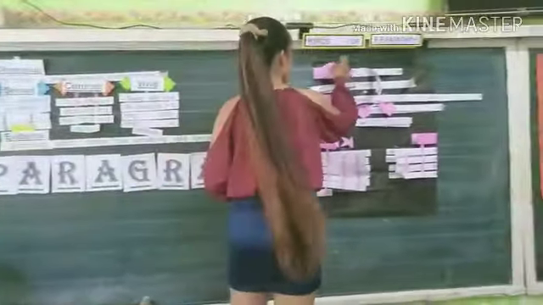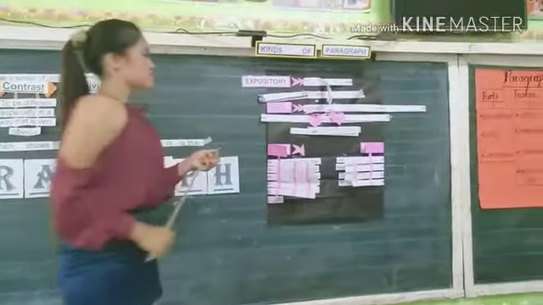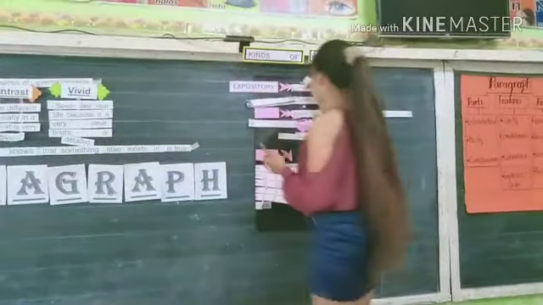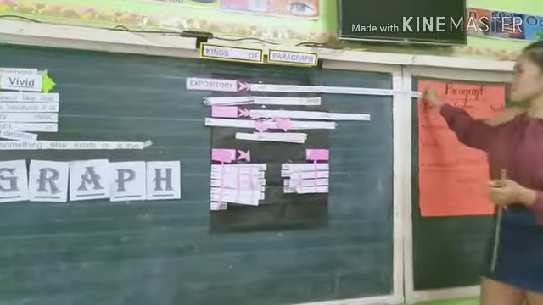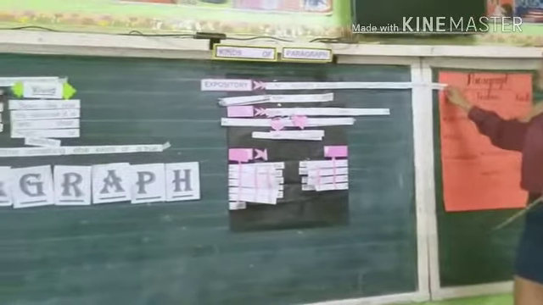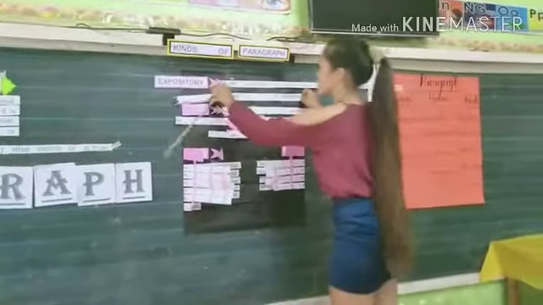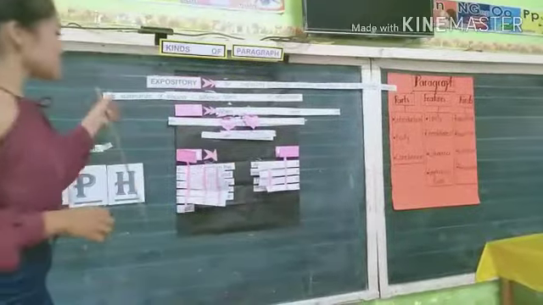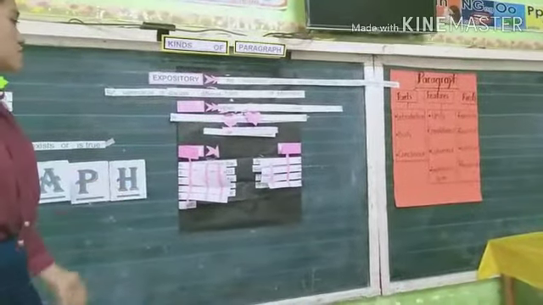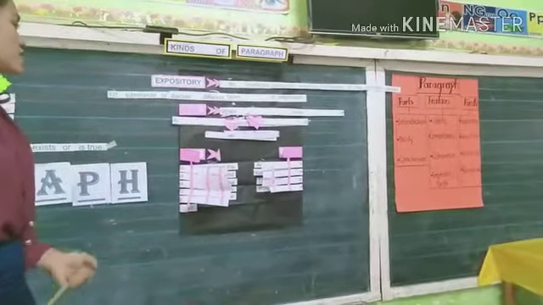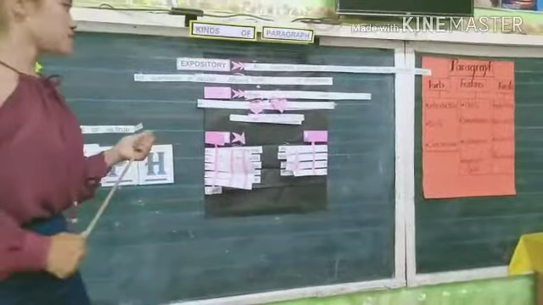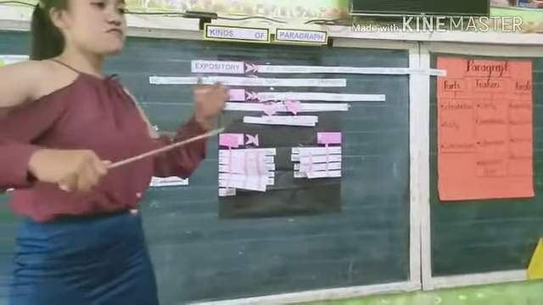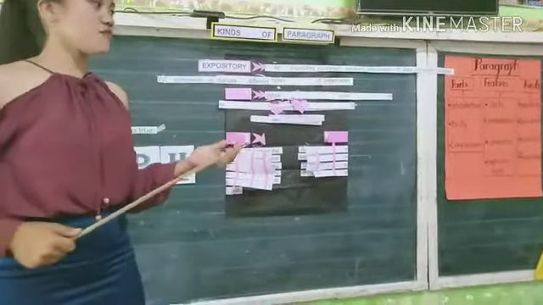First we have expository. An expository paragraph explains information, or it may compare, contrast, summarize, or discuss different types of information. It doesn't focus only on one topic, but gives more details of a certain topic.